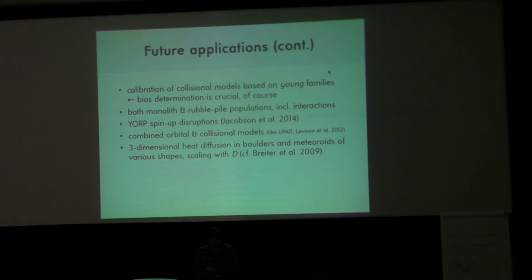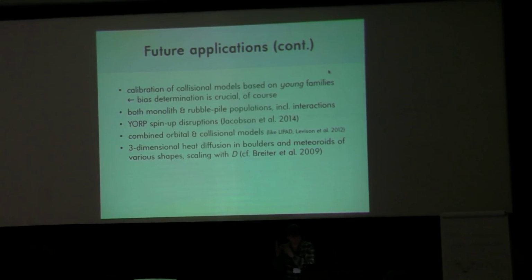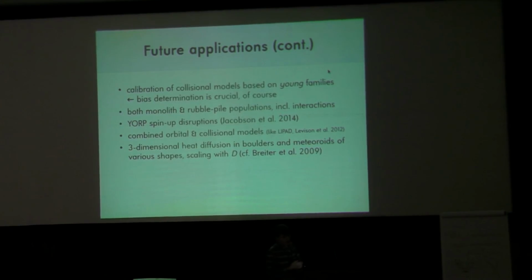Regarding the collisional models, I think it's worth calibrating the models using the observations of young families. Of course, you have to determine the completeness, and the sample will be complete only for a limited period of time. So new families should be searched for and should be dated in order to include them in this business.